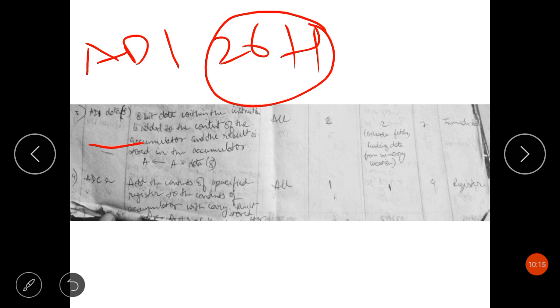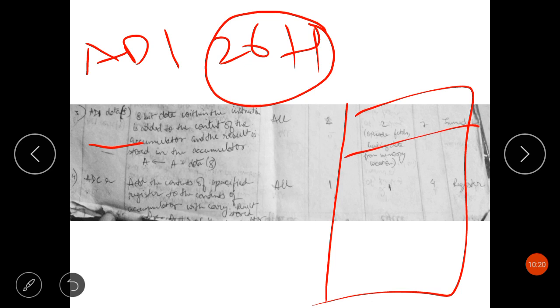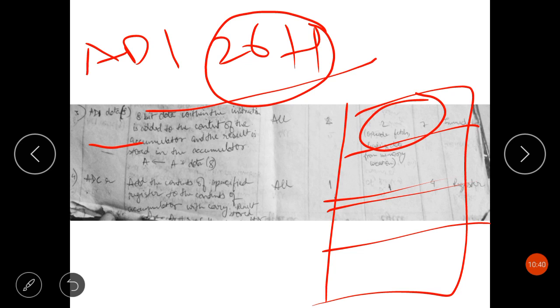Let us see how this instruction will get stored. This is the memory associated with the 8085 microprocessor. When you give this instruction to the microprocessor, first the opcode of this instruction will get stored in the memory, and second, the hexadecimal number, the 8-bit data, will occupy the next memory location.